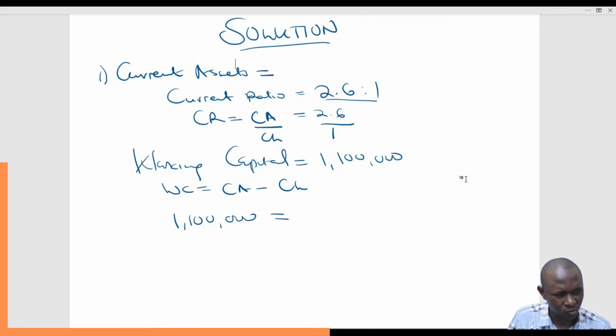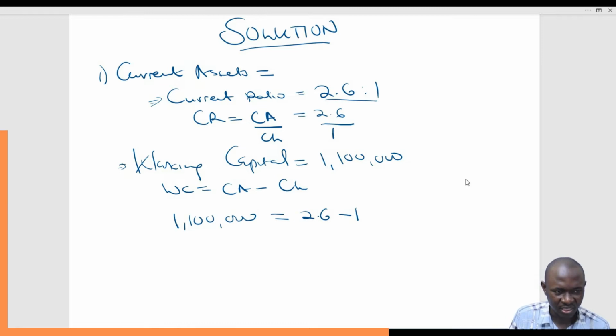So we'll equate this to this. We've been given the current ratio and the working capital, so we want to equate the two. So 1.1, which is working capital, is equal to 2.6 minus 1. 2.6 represents current assets and 1 represents current liabilities, so 2.6 minus 1 is the same thing as current assets minus current liabilities.